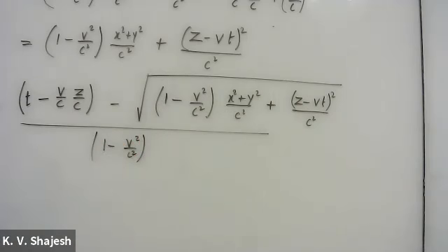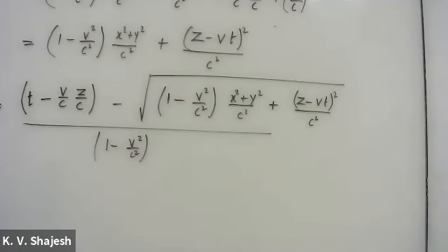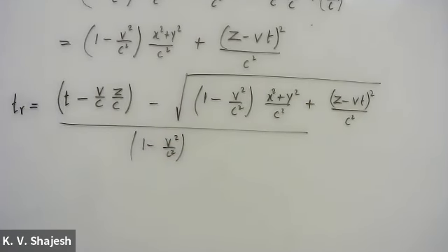One more thing I will do and stop. I'll rewrite this in a certain form. I'll multiply this out and rewrite this as t minus v over c times z over c.